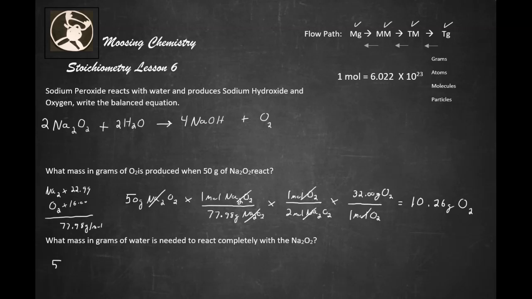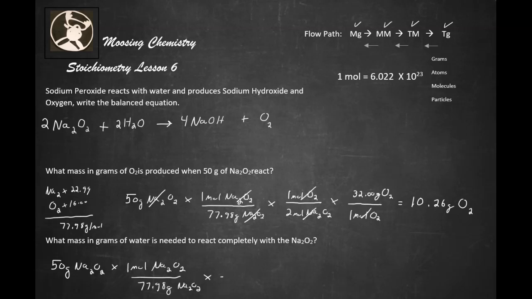So we go 50 grams of Na2O2 times 1 mole of Na2O2 divided by its molar mass, which is 77.98 grams, right, of Na2O2. Now we want to convert that into moles because we're going from my grams to my moles to their moles to their grams.